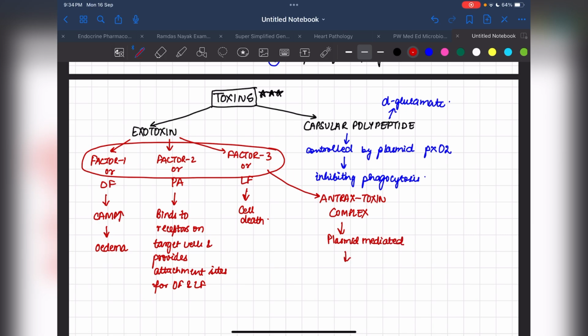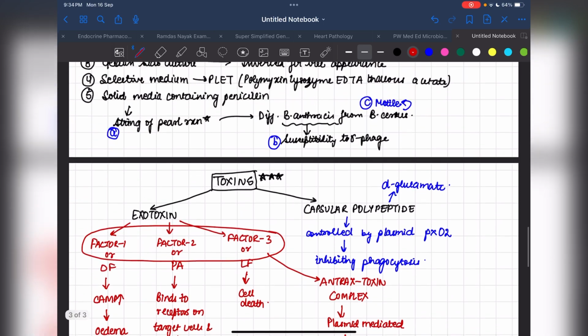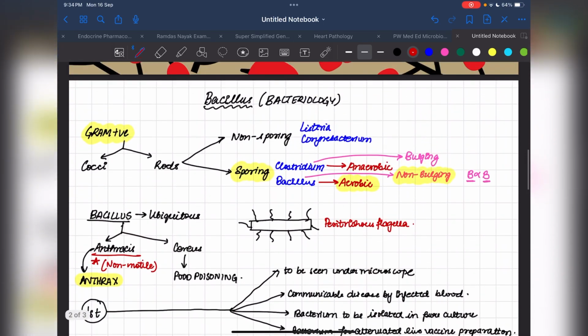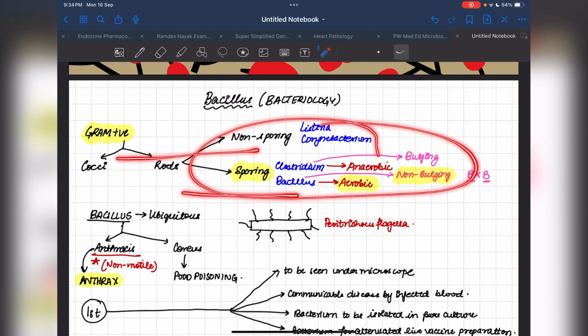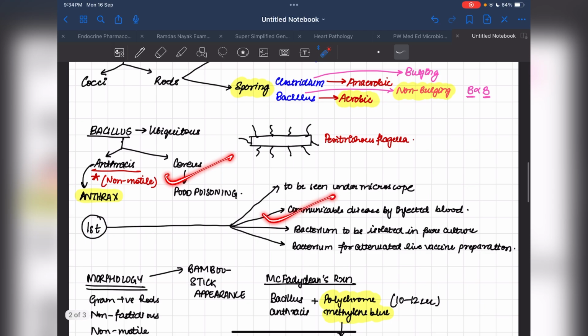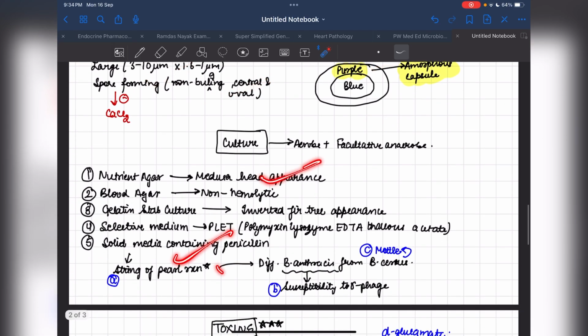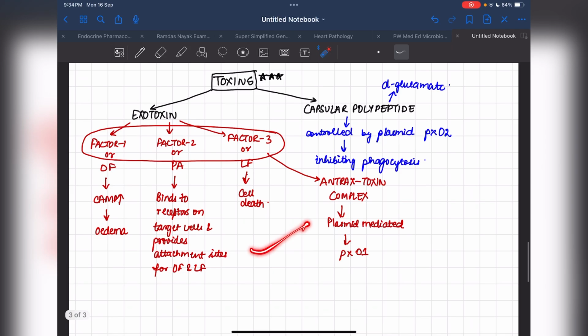Plasmid mediated, which again you have to learn, pXO1. Okay, so guys, in short, this was it for this video. This was the first part of Bacillus we covered, in which from starting we covered the general, the classification, then the morphological features, then the reactions, then the culture techniques, and then the toxins.